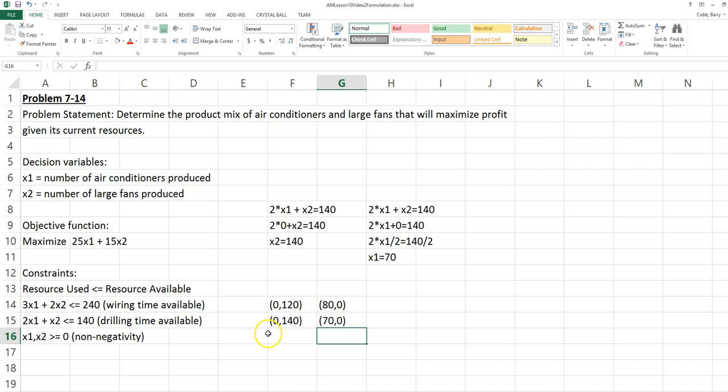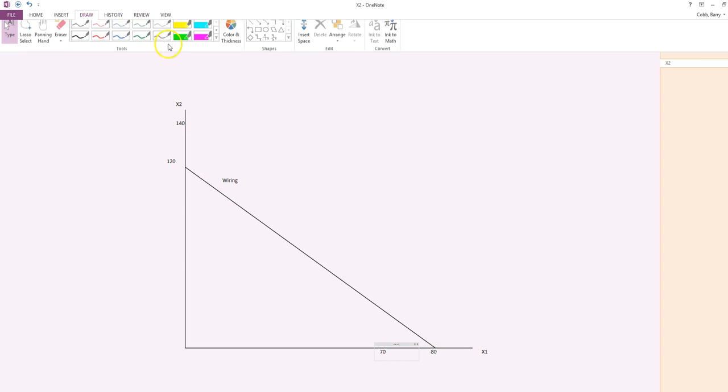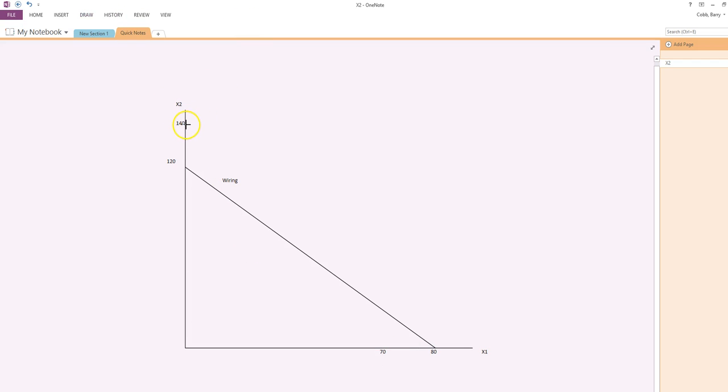For the second line, we have points at x1 equals 0 and x2 equals 140, and x1 equals 70 and x2 equals 0. We draw a line representing the second constraint.